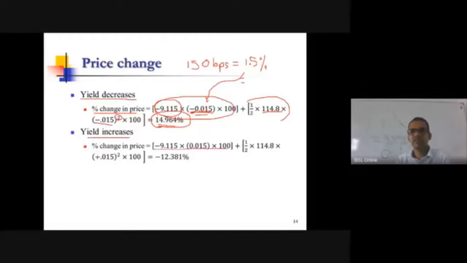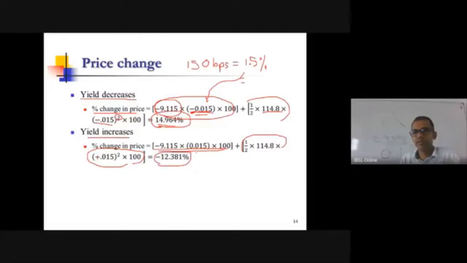Here, since yield increases, duration sign is negative, but the change in yield is positive. So you get a negative impact here, but this convexity part again would be positive.